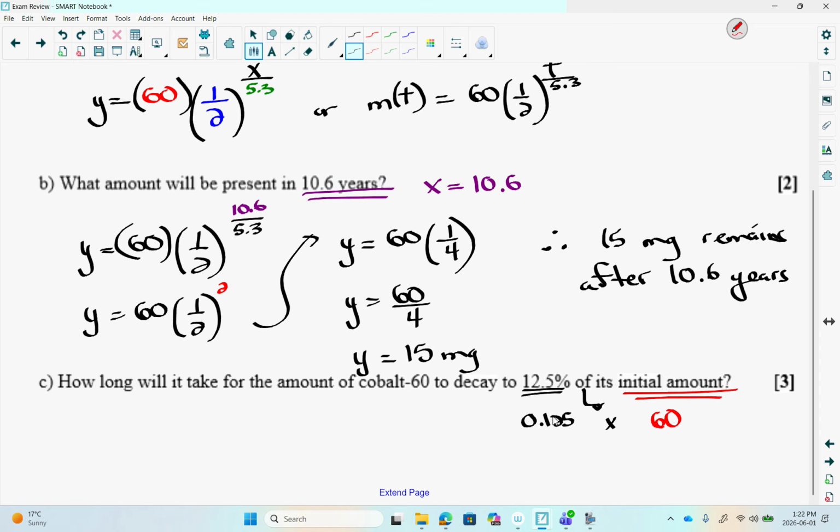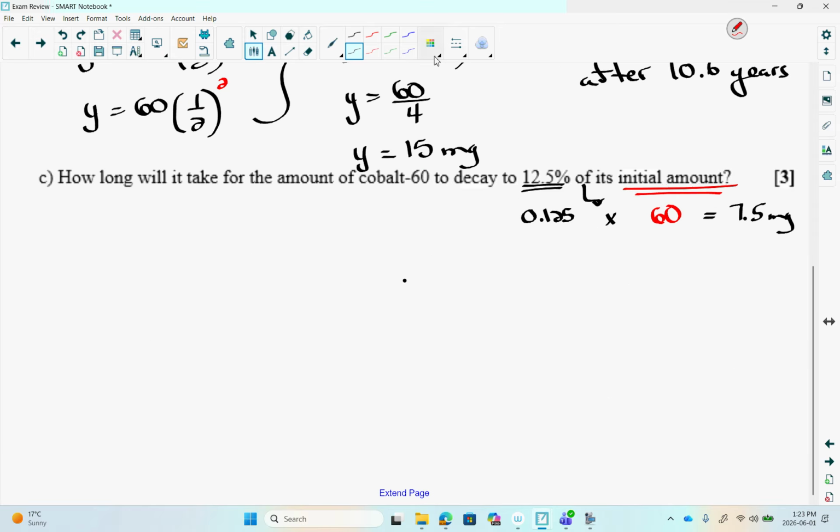That means divide. So divide by 100, 2 spots to the left. I get 0.125. What's 0.125 times 60? 7.5 milligrams is what we're dealing with here. That's the y value. So in this case, y equals 7.5 milligrams.